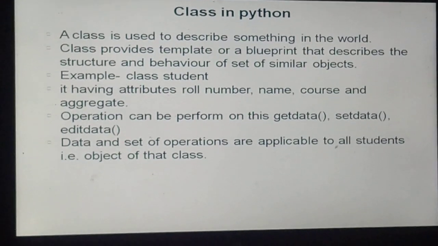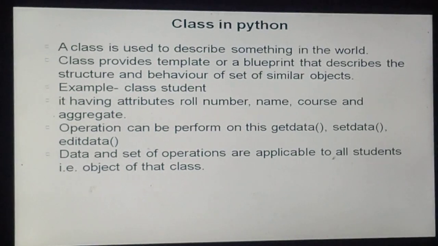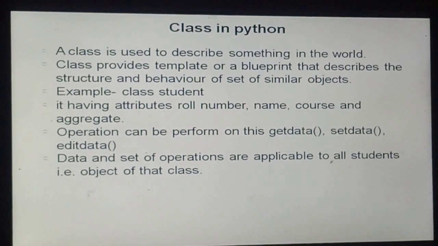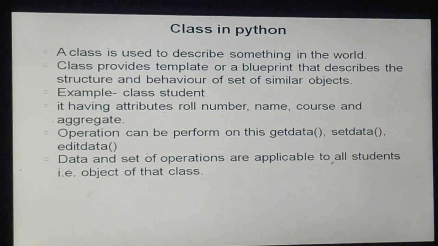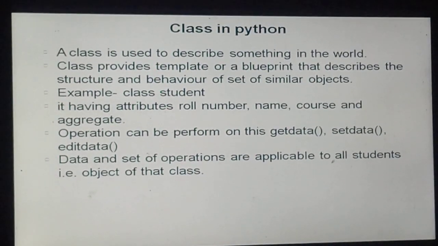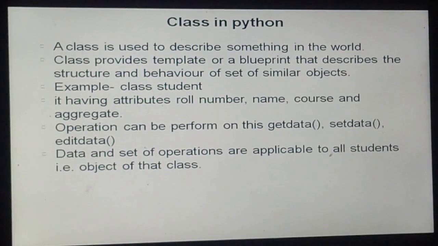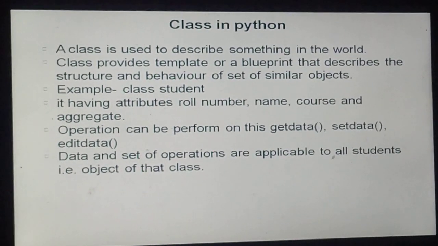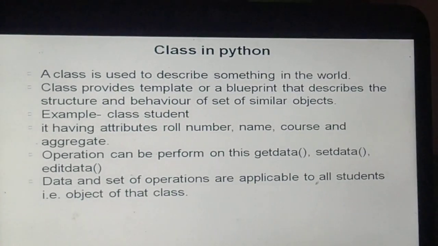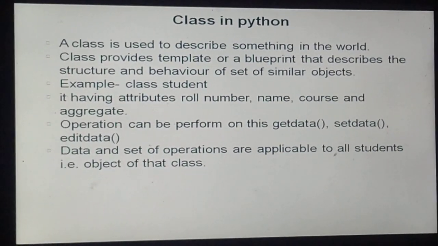To access the data members and member functions of a class, we create objects of that class. There can be multiple objects of the same class. A class should be defined by the keyword class, and whenever we are defining any class, the first letter of the class name must be in uppercase.